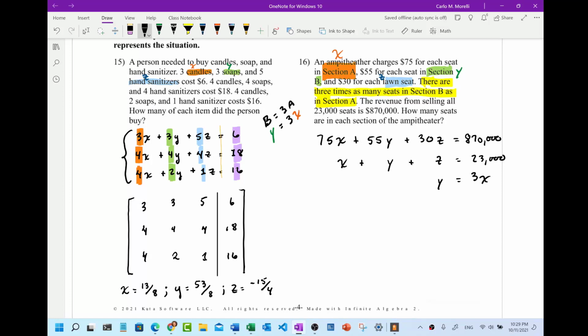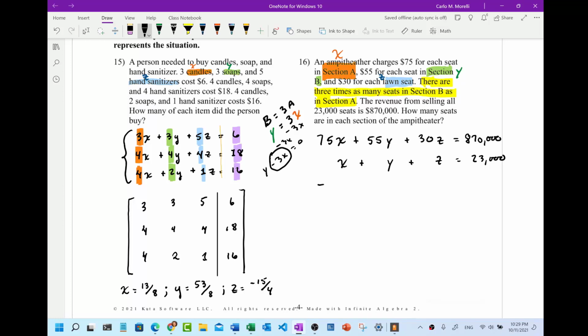So there's actually another way to write it if you wanted to keep it in this form here. You could subtract 3x from both sides, right? You could have y minus 3x equals 0. And if you really wanted to put this in standard form, like if you wanted to make this into a matrix, you'd say, well, what's z? Okay, I'll show you. So the negative 3x goes right here.